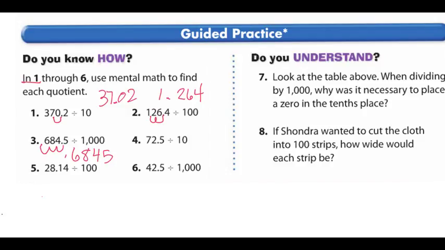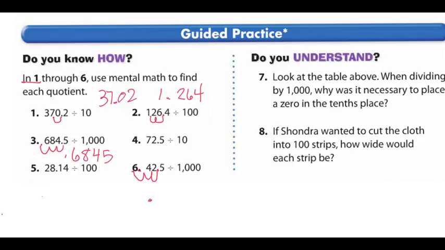And keep in mind, as you're dividing, the number is getting smaller. If you have to use a placeholder, let's do number 6 real quick. In number 6, I noticed that it's dividing 42.5 by 1,000. So I'd move the decimal 1, 2, 3 places. If you notice, there's nothing right where that 6 is right now.